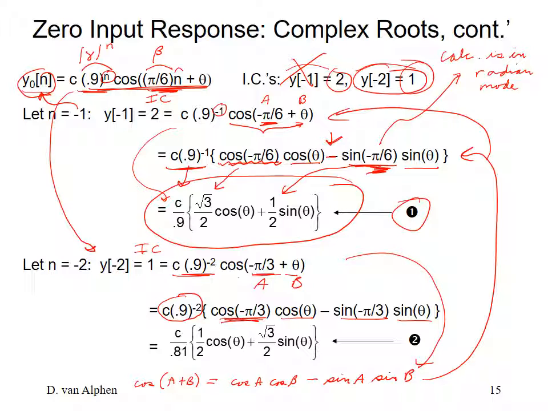This is now just a number. Cosine of -pi over 3 on your calculator is 1/2. This one's also just a number: when you throw in the negative of sine of -pi over 3, you get positive root 3 over 2. Okay, give that equation a number and call it number 2.